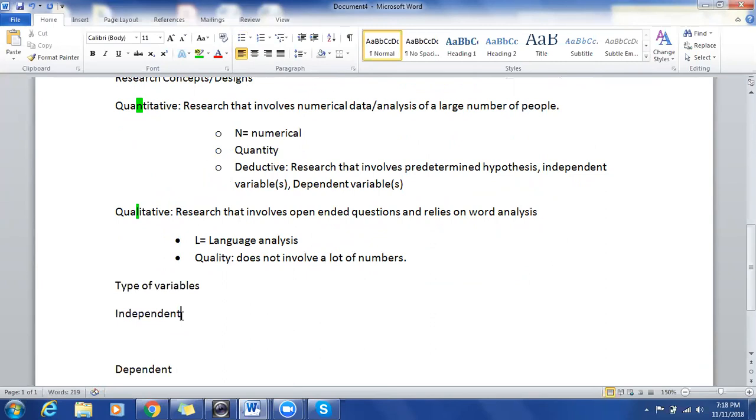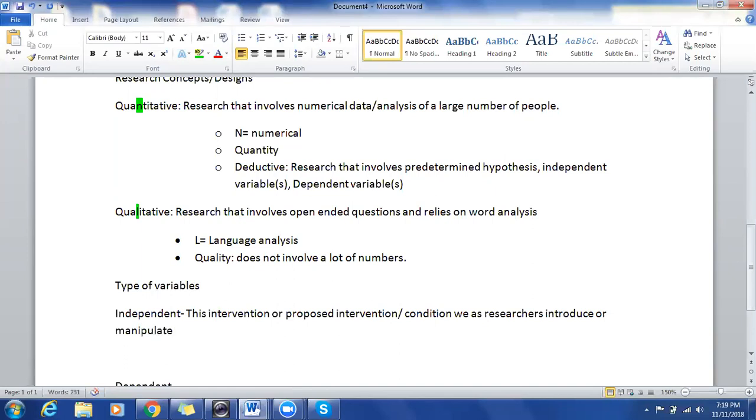Within independent, this is where we're looking at the proposed intervention/condition we as researchers introduce or manipulate for the sake of measuring change.